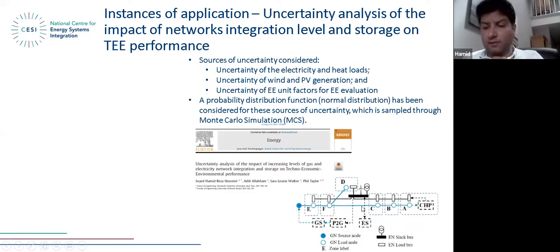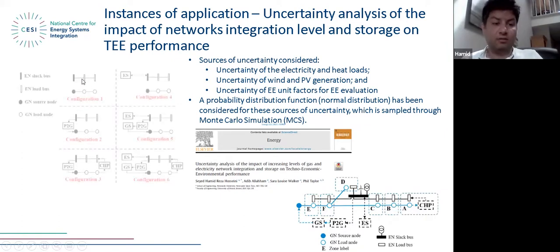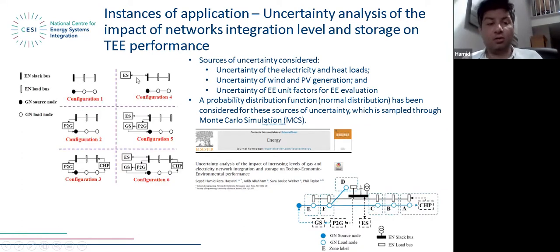And this is the configuration of the network. For example, this is the electricity network and the gas network, with electricity storage, power to gas, gas storage, and CHP, and different configurations of whether the networks are separated or have just electric storage, or these components. So one direction of energy conversion, and the same with storage devices, two directions of energy conversion between networks.